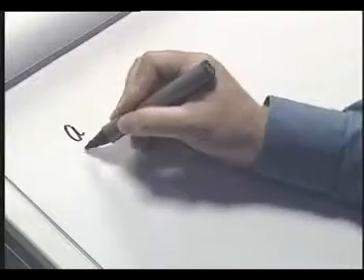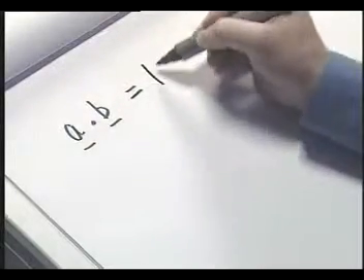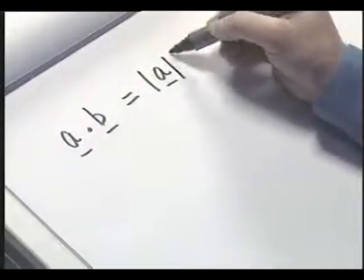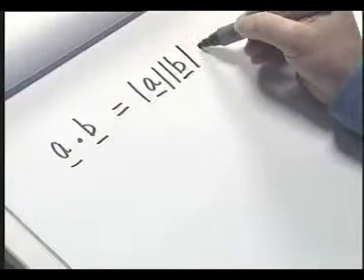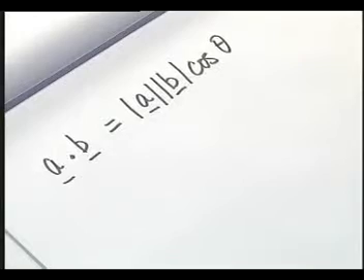I want to move on now to look at some applications of the scalar product. And the first application is one that I mentioned very early on, and it's to do with testing whether or not two given vectors are perpendicular or not. Now you'll remember from the definition of the scalar product of two vectors, A dot B, that it's the modulus of the first one times the modulus of the second one times the cosine of the angle in between the two vectors.